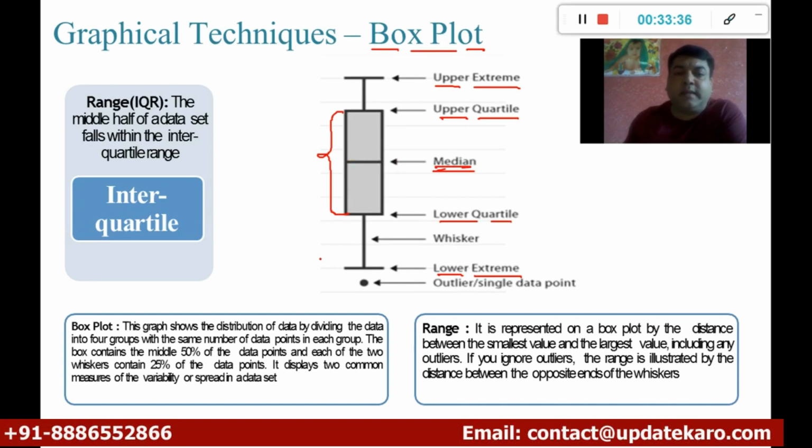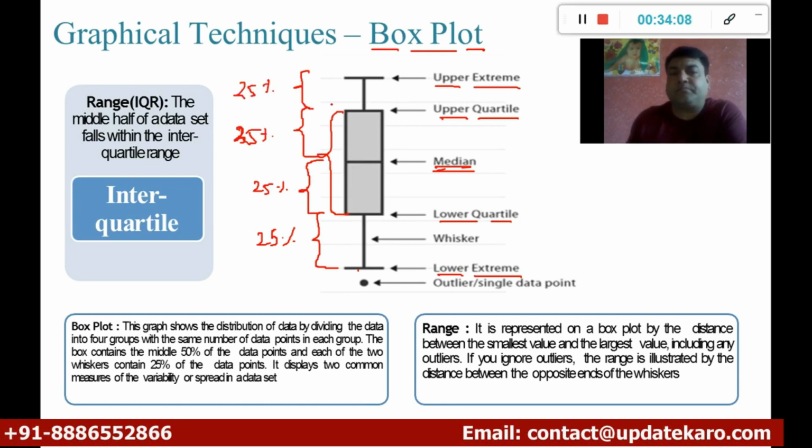Normally, from the lower extreme to the lower quartile you will have 25% of the data points, from the lower quartile to the median another 25%, from the median to the upper quartile another 25%, and from the upper quartile to the upper extreme another 25%.